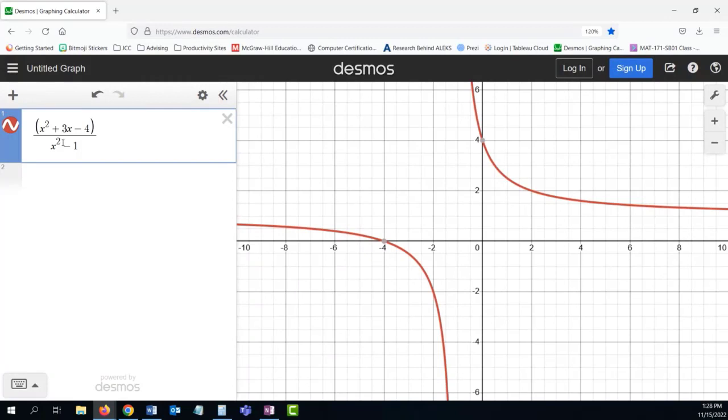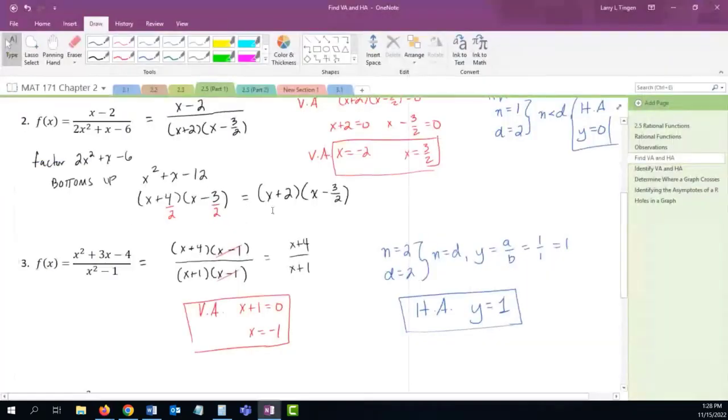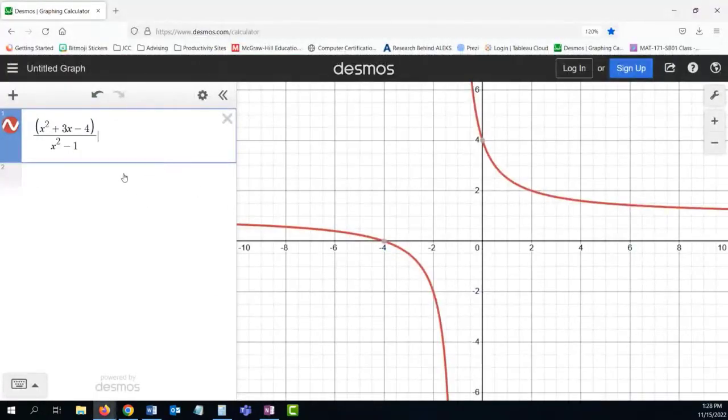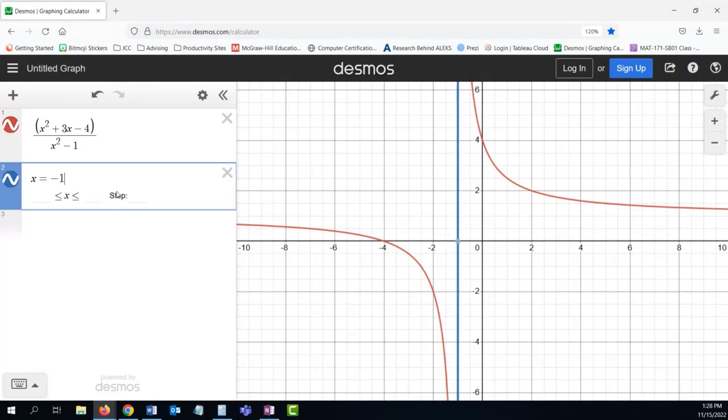The vertical asymptote, what did we say it was on the last one? The vertical asymptote was x is negative 1. So let me plug this in. I'm going to write this line: x equals negative 1. And look at that. This is a vertical asymptote, and this is what it looks like on a graph, right?